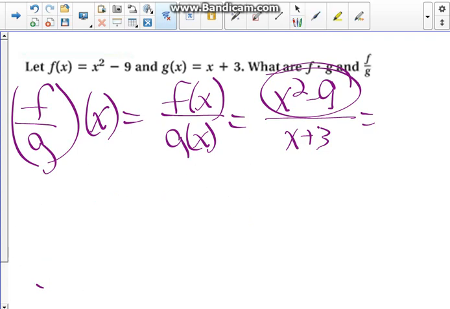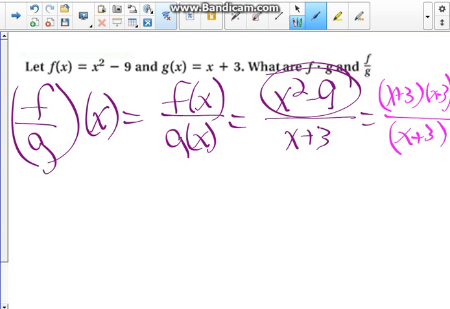So let's factor that now into x plus 3 times x minus 3 all over x plus 3. And notice at this point you want to make your exclusions before you simplify. So we know that this can never be 0 in the denominator, so x could never equal negative 3.